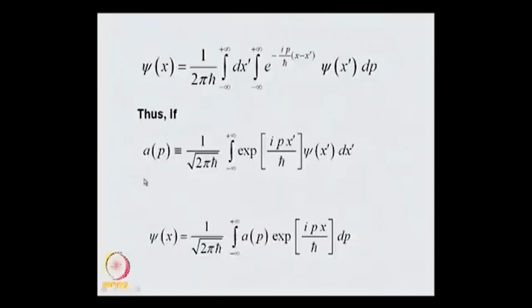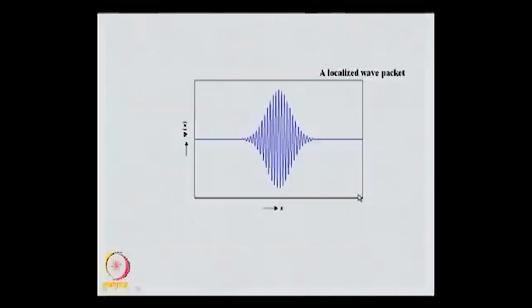So, psi of x and a of p form what is known as the Fourier transform pair, and if this function is located within a distance of delta x, and if this function in the p space is located within a momentum spread of delta p, then delta x delta p is of the order of h cross.